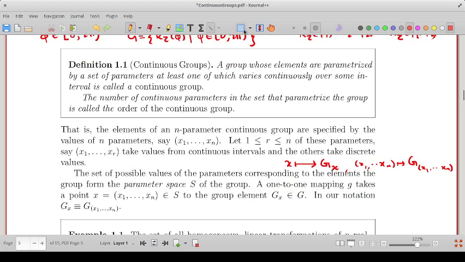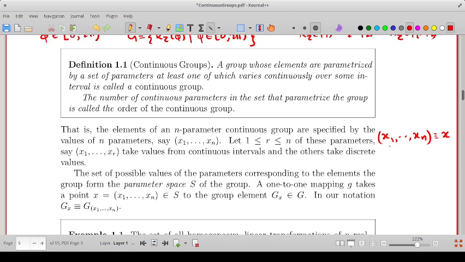In general, we may think of an n-parameter group where the elements of the group are parameterized by n parameters, which we may call x1, x2, etc. up to xn. And we may write it as an ordered set x1, x2, etc. up to xn. And we may use a simplified notation for this. So this ordered set may be represented by x, which means it's a set of n values x1, x2, etc. up to xn.